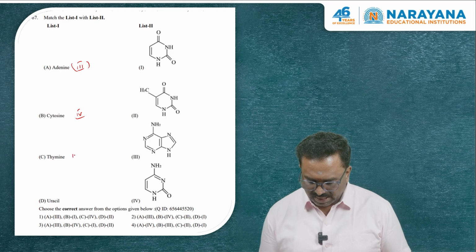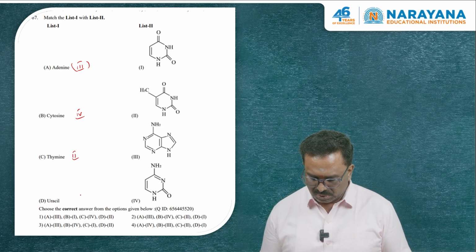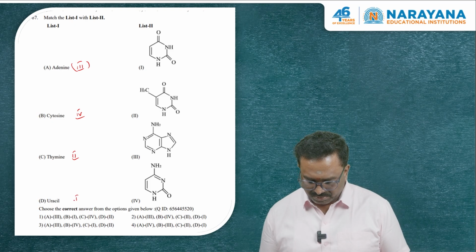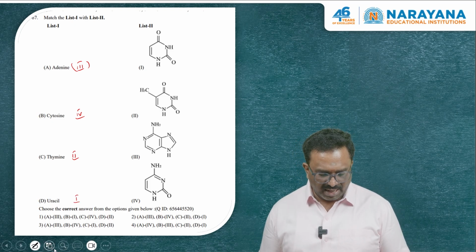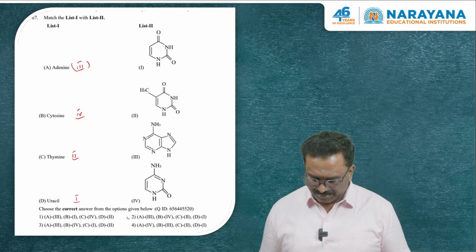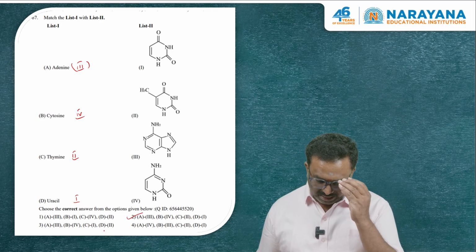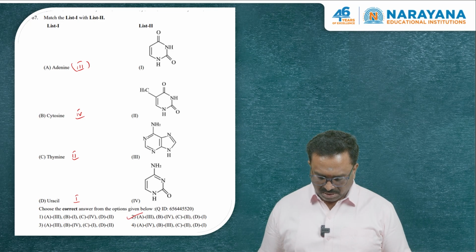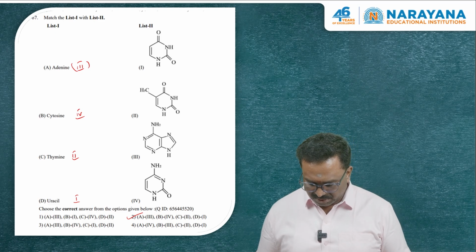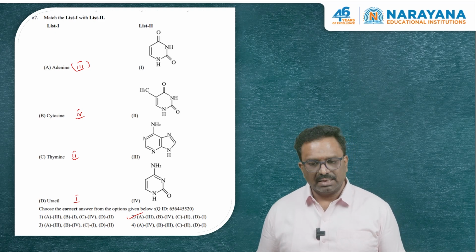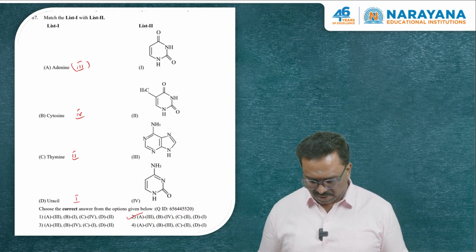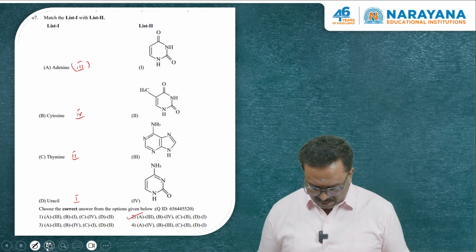So here you can identify 2 is thymine and uracil is 1. So this is validated. A3, B4, C2 and D1 is matching the second option. The second is more correct.